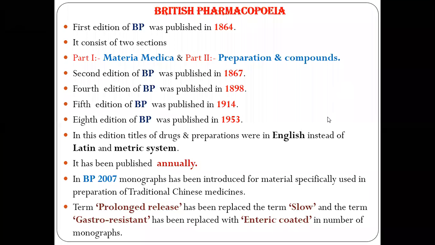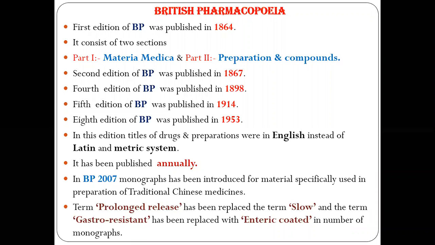The British Pharmacopoeia's second edition came in 1867, the fourth edition in 1898, the fifth edition in 1914, and the eighth edition was published in 1953.